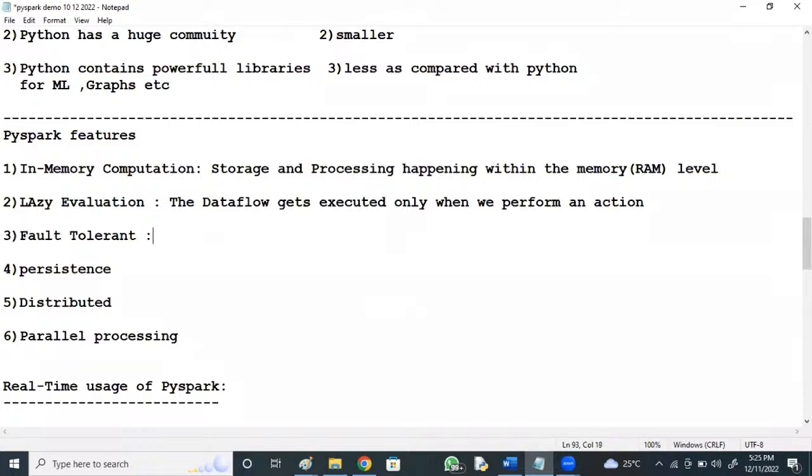Fault tolerant. Multiple tasks are executed by multiple slaves. Slaves means systems.